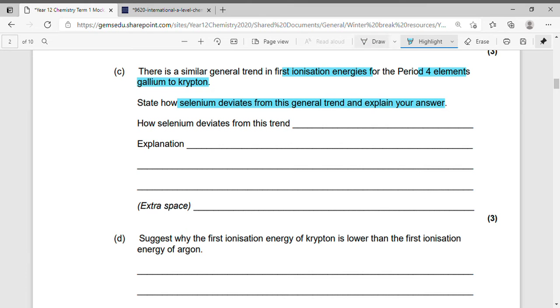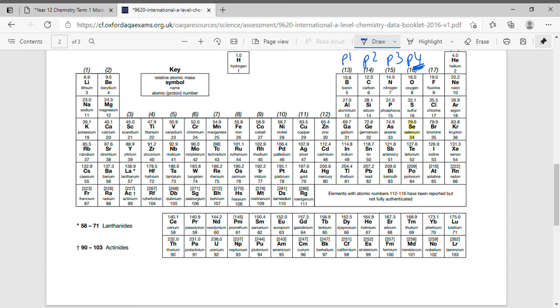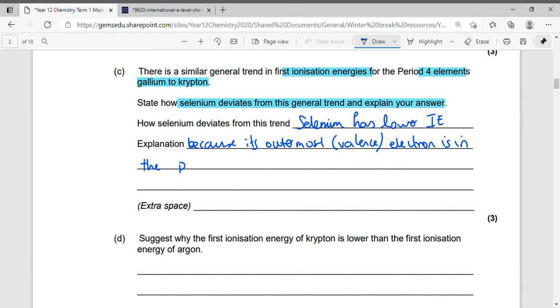So selenium has lower ionization energy because its outermost valence electron is in the 4p energy level, but it is paired.